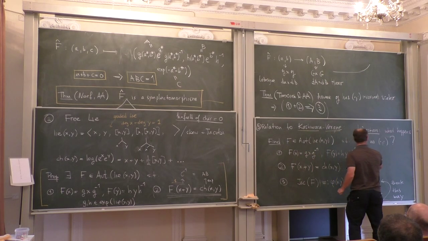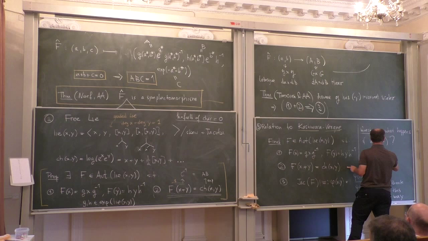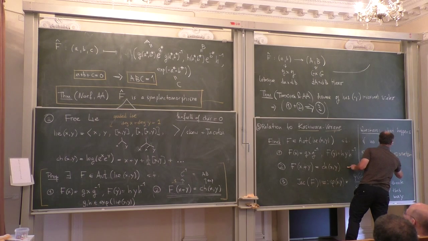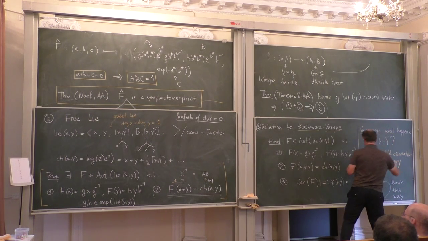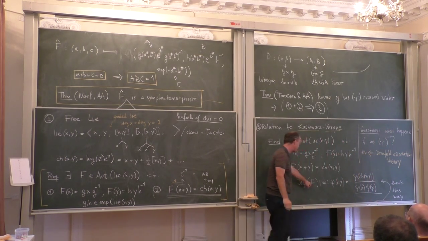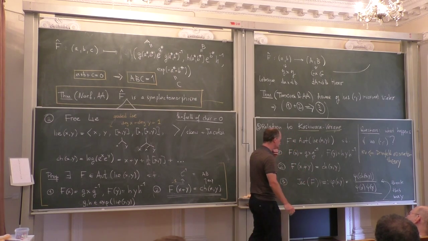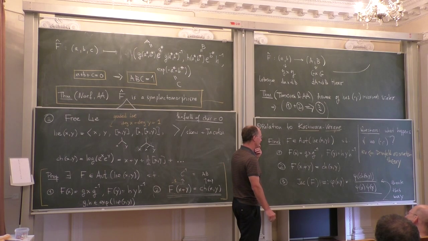For that part of the story, the solution now comes from the Drinfeld associator theory. Now not an arbitrary f satisfying 1 and 2 would solve it, but one really needs to introduce the associator.